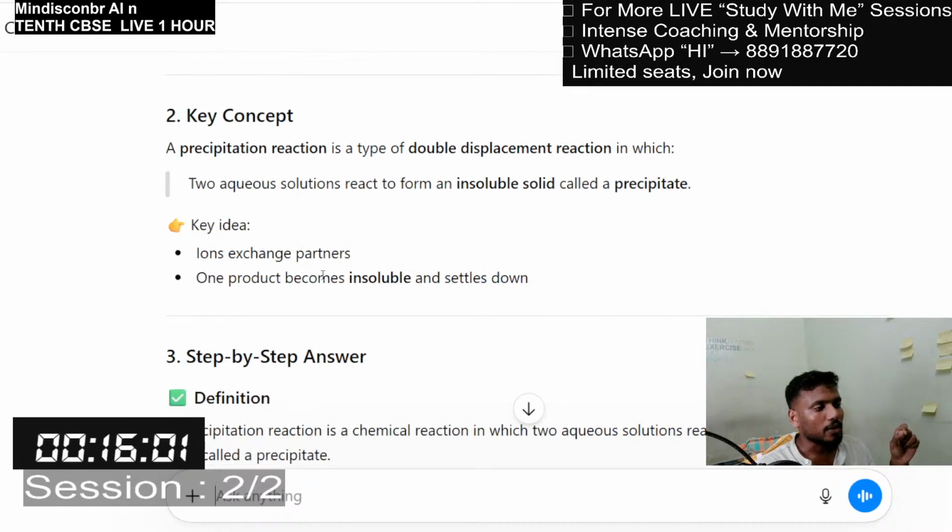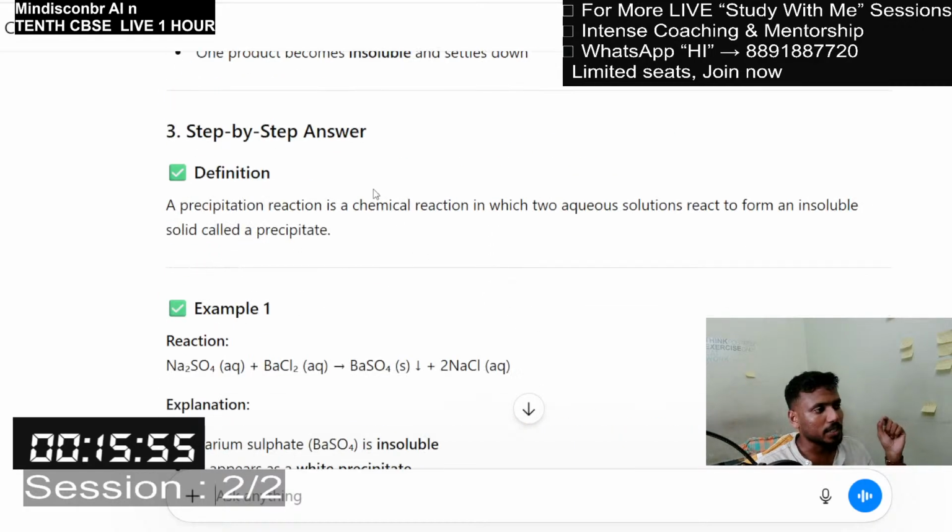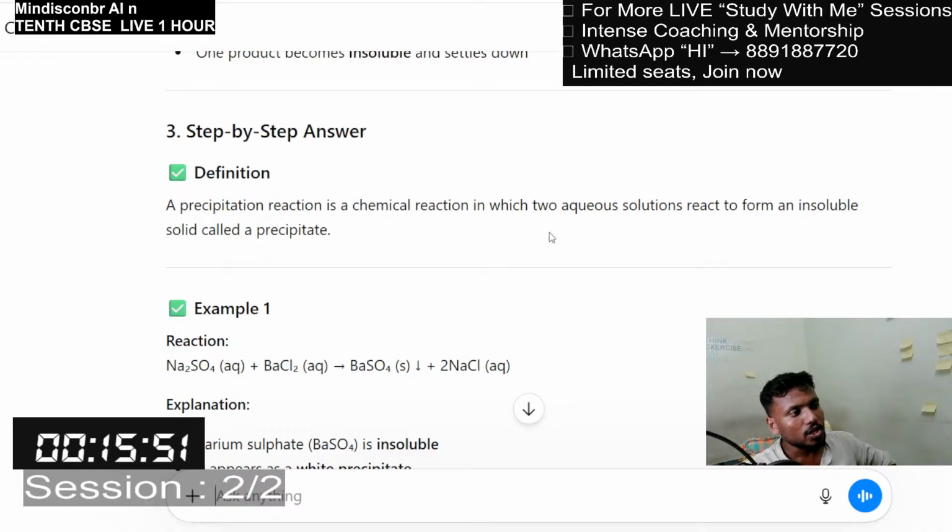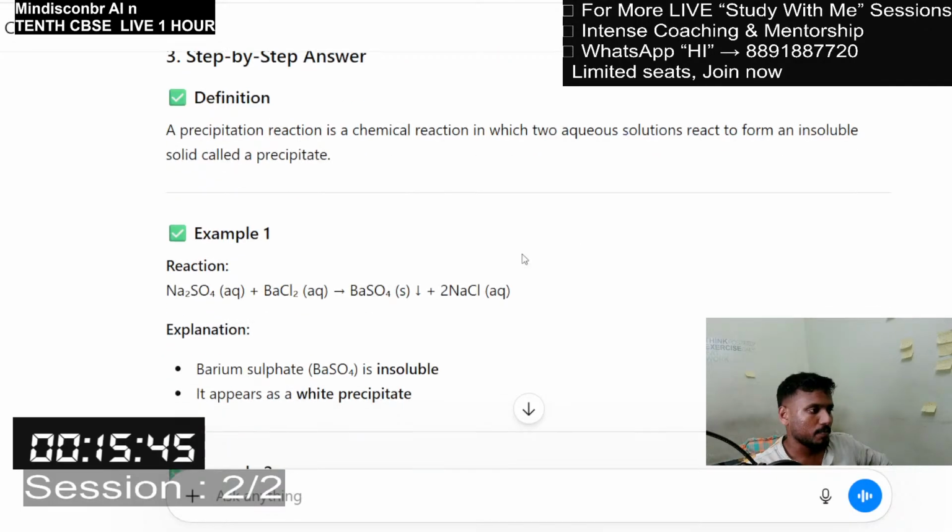Here ions exchange partners, and one product becomes insoluble and settles down. Step by step answer: a precipitation reaction is a chemical reaction in which two aqueous solutions react to form an insoluble solid called a precipitate. For example, Na2SO4 plus BaCl2 gives BaSO4 plus 2NaCl.